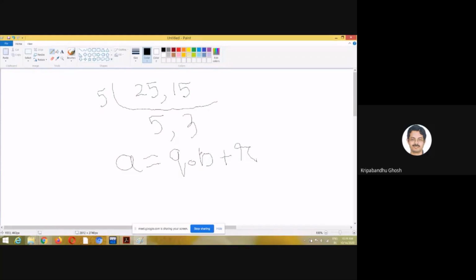So B into Q0 plus R gives the number A. This is popularly called the remainder theorem.